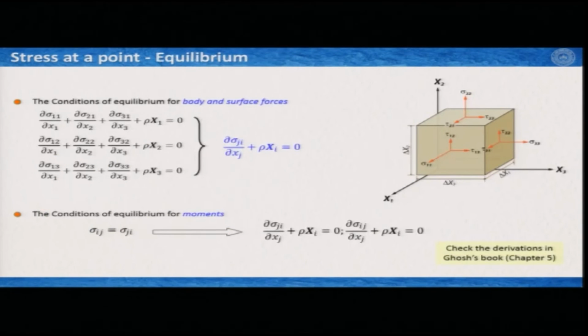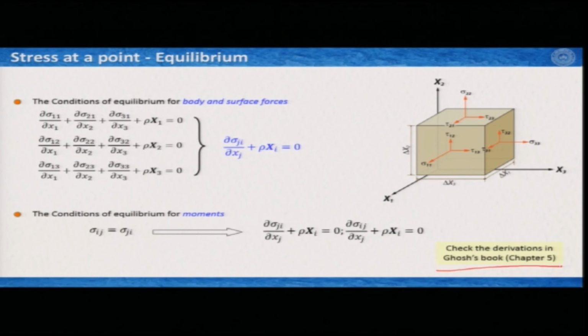Now, there are some fundamental equations that we need to know or learn, which are known as equilibrium concepts of stress tensor. I am not deriving these equations, but as I have noted here, you can get this from one of the books I referred, Professor S.K. Ghosh's book. If you go to chapter 5, you can see this.